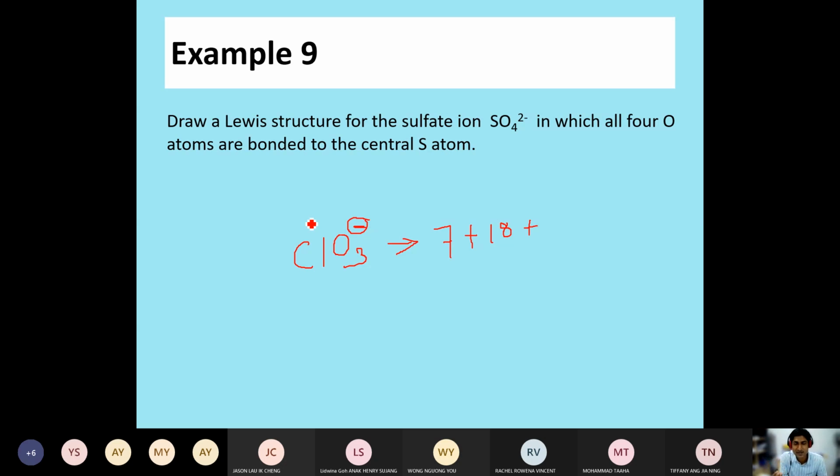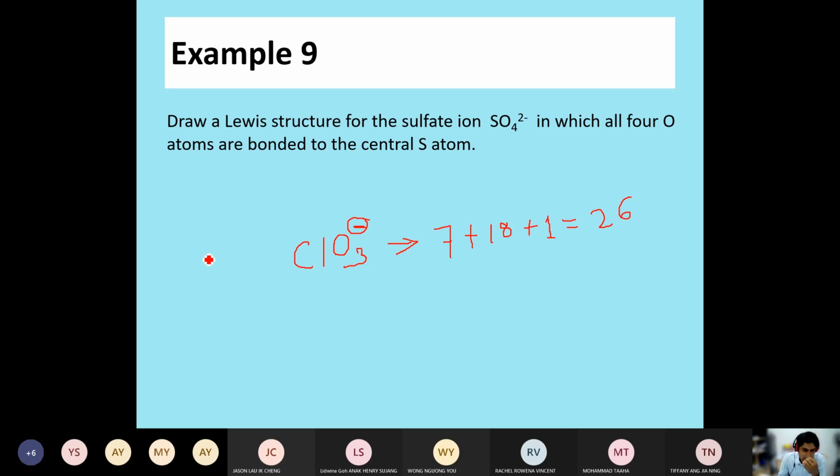So one electron should be added. If it were a positive charge, we would subtract 1 electron from the total number. So in this case, 18 plus 1, 19 plus 7, 26 electrons.